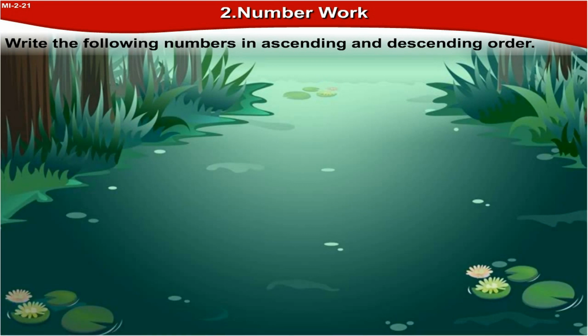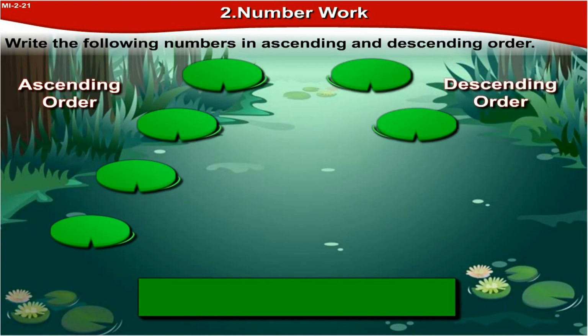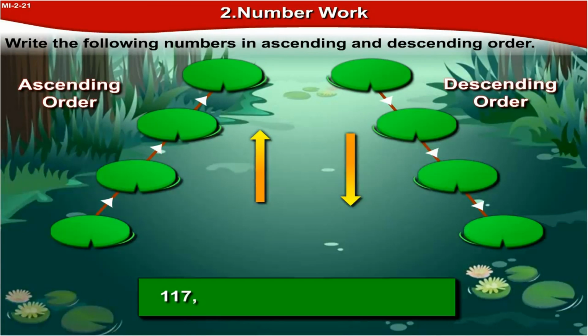Now let us see the next sum. Write the following numbers in ascending and descending order. 117, 69, 50, 8. First, we'll write in ascending order. The smallest number is 8 and the biggest number is 117.